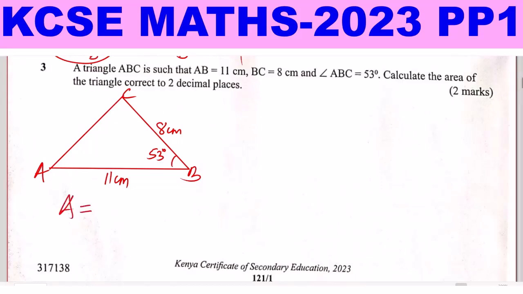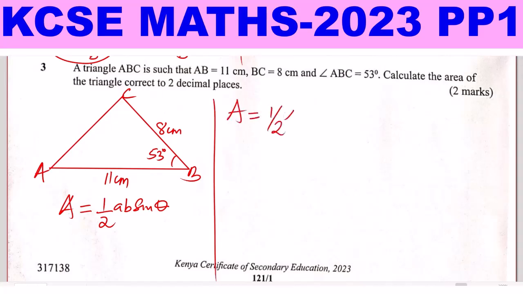When you have 2 sides given and an included angle, use this formula: half ab sine theta, where a and b are the 2 sides given and theta is the included angle. So just substitute this. Area is equal to a half times a, we let a be 8 and b be 11, then sine of the angle, which is 53.